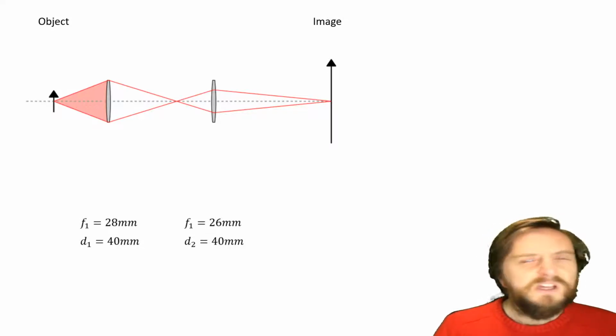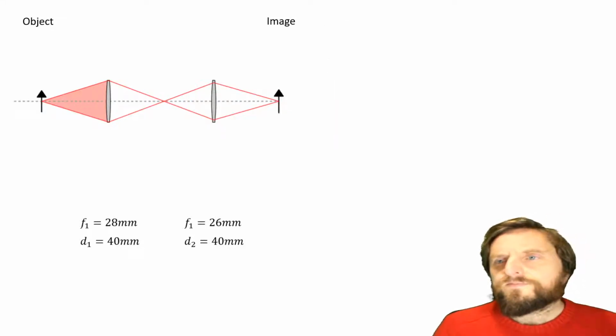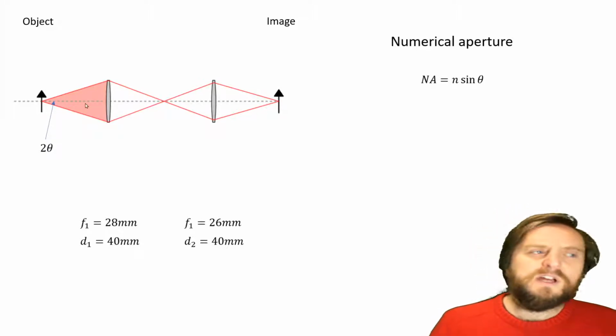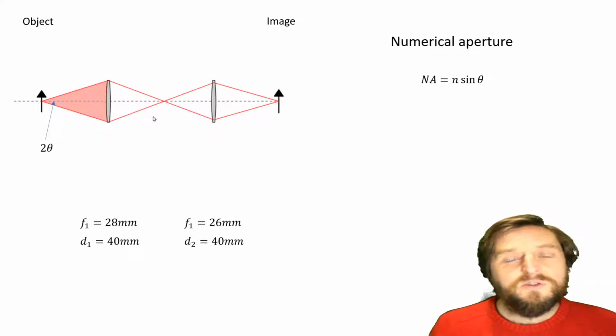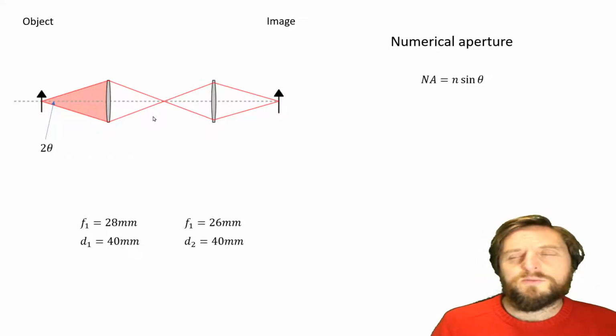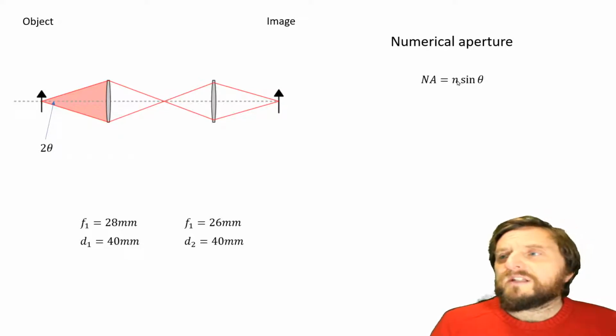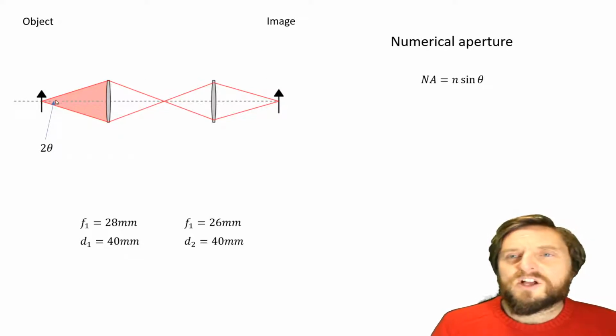Okay, so now this angle that we produce here gives a very important quantity which is used to quantify how much light an optical system gathers, and it's called the numerical aperture. It basically equals the refractive index times the sine of this half angle of the cone.